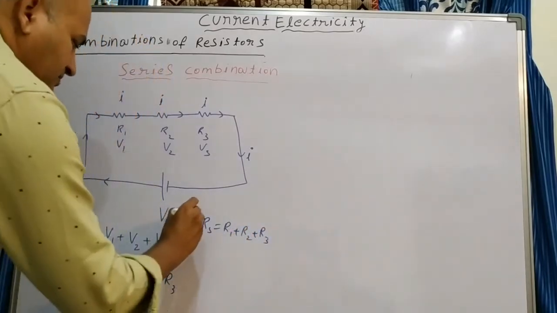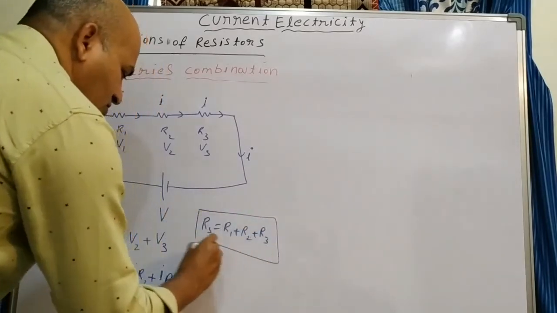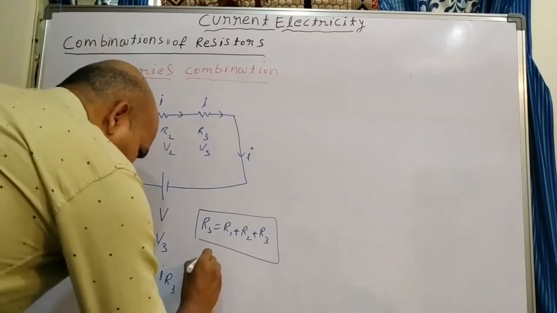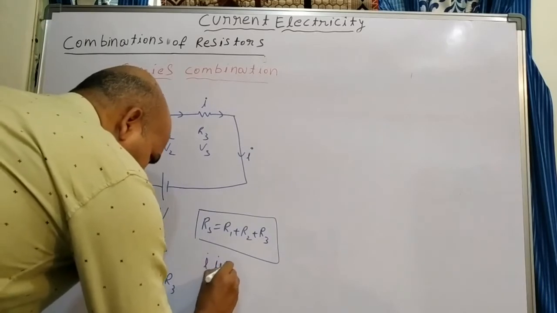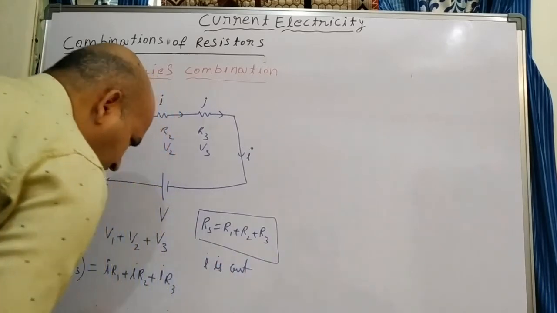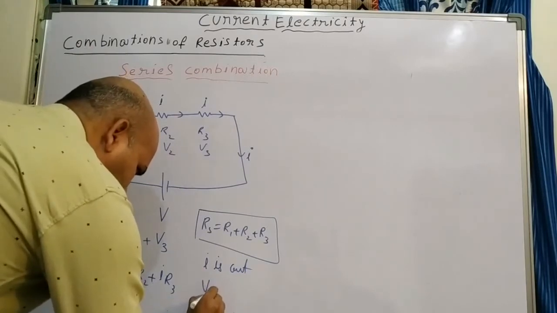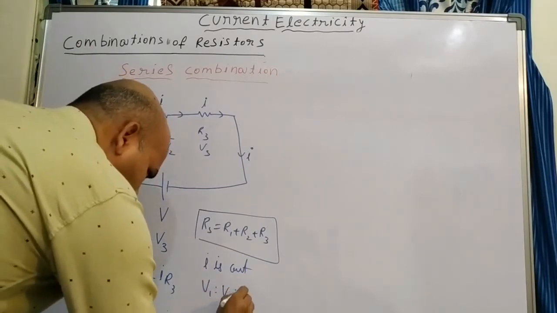In series combination, current is the same, current is constant, I is constant. And what about the potential ratio? V1 is to V2 is to V3.